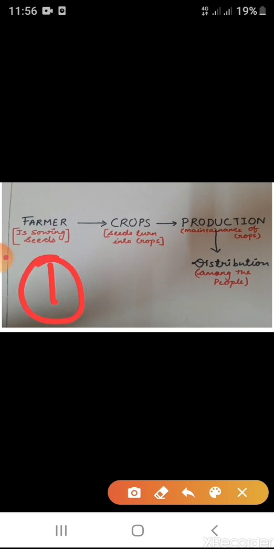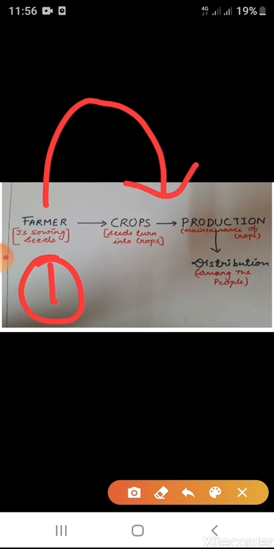When we have crops on a large scale, in a large amount, we have to maintain those crops by adding some preservation so that all the crops are maintained in a proper manner, and after that they can be distributed among the distributors. After that, distributors spread all the crops all over the world.